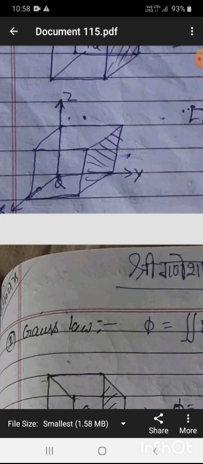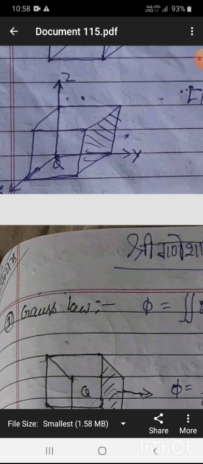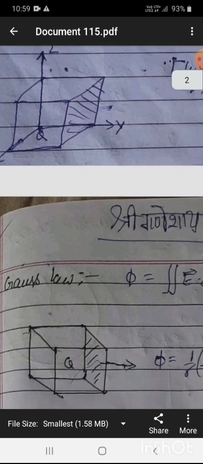If you notice, 4 cubes up and 4 cubes down, that is in total 8 cubes, can enclose this charge completely within it. So flux through 8 cubes would be Q upon epsilon naught. Thus flux through each cube would be 1 by 8 times Q upon epsilon naught, and hence flux through each surface of the cube would be 1 by 48 times Q upon epsilon naught.